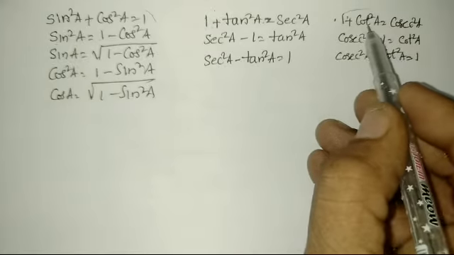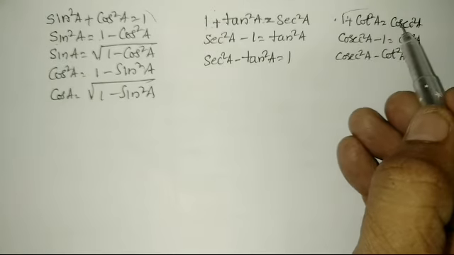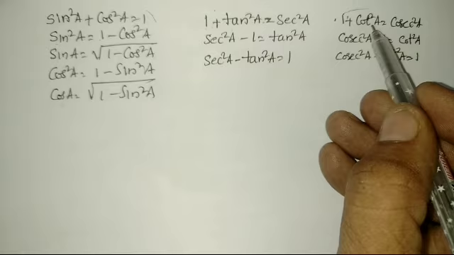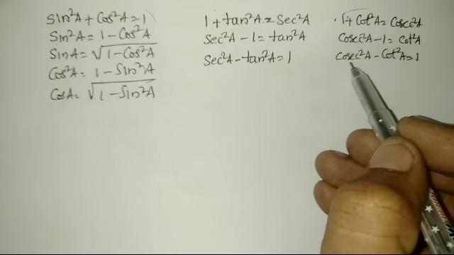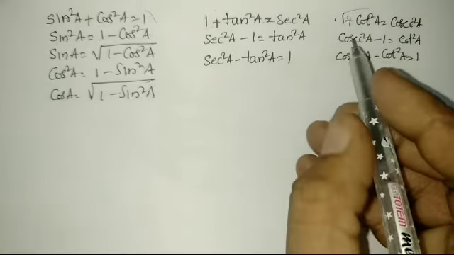So 1 plus cot square A equal to cosecant square A, and for cosecant square A we write 1 plus cot square A. Cosecant square A minus 1 equal to cot square A, and cosecant square A minus cot square A equal to 1.